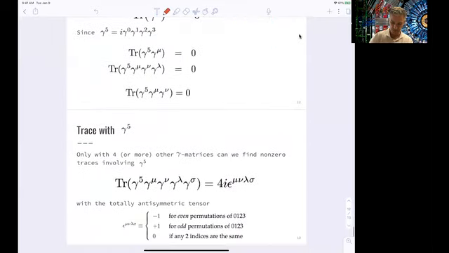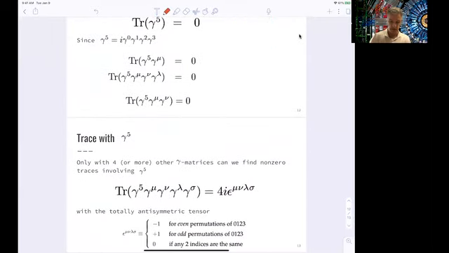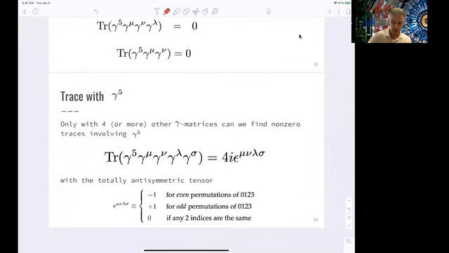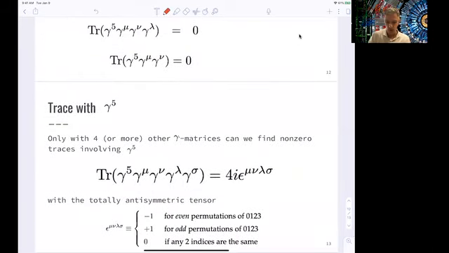Okay, one last piece of the traces with gamma matrices is shown here. Only with 4 or more gamma matrices can you find a non-zero trace involving gamma 5. And here's one example where you have the product of 4 gamma matrices with gamma 5. And that's equal in this case to 4 times i times the totally antisymmetric tensor.